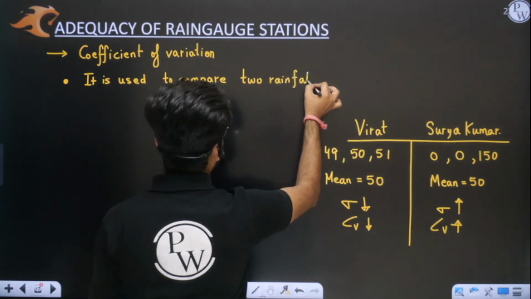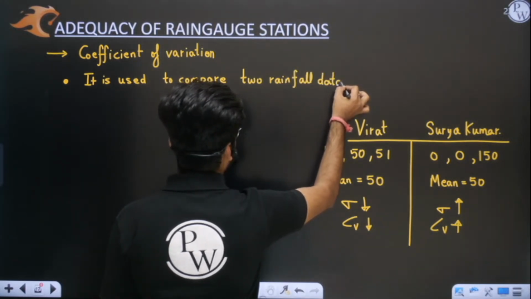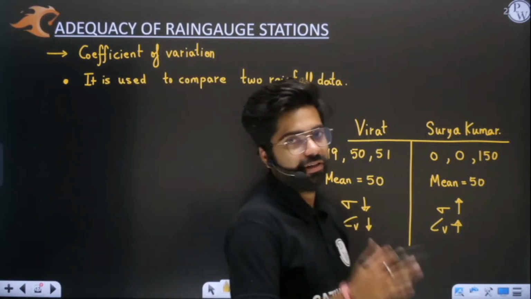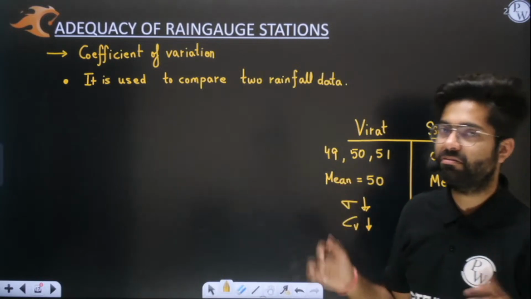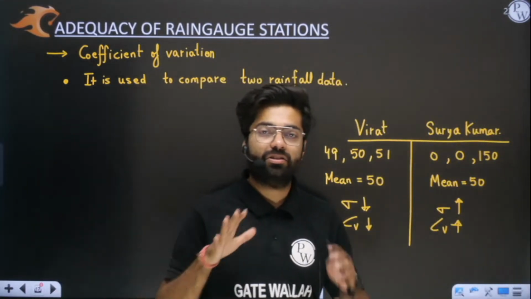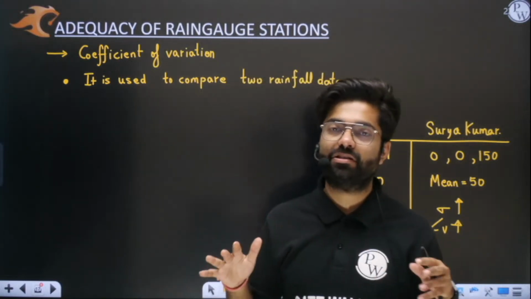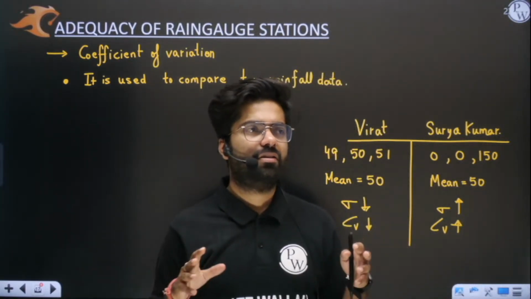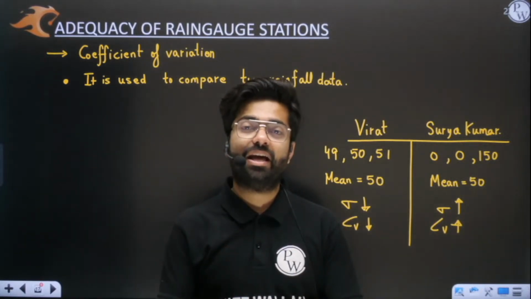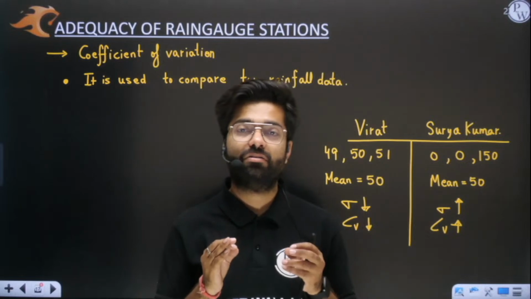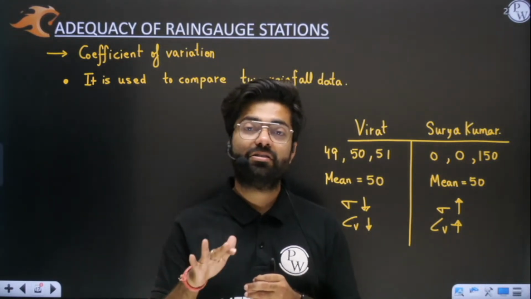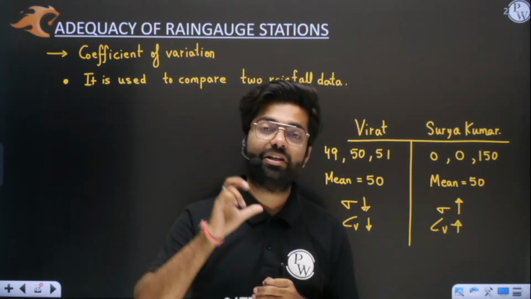See, one thing you should understand is that in India, rainfall is not a constant phenomenon. Rainfall is very variable. Let me give you a very brilliant idea here. Listen to the fact. You will see that 50% of the rainfall which happens in an entire year happens only in 15 days.